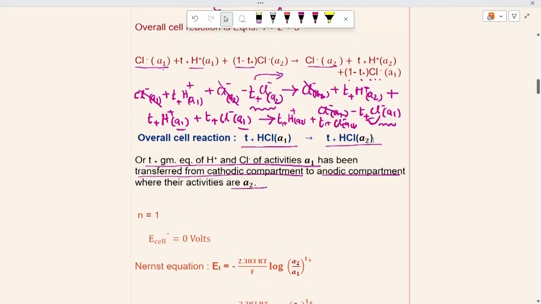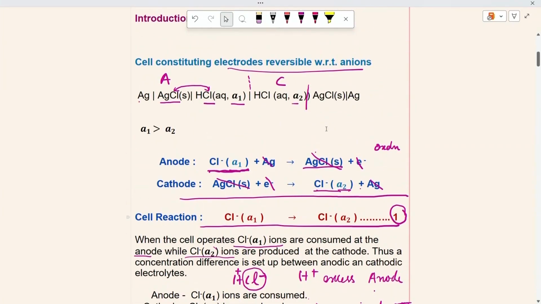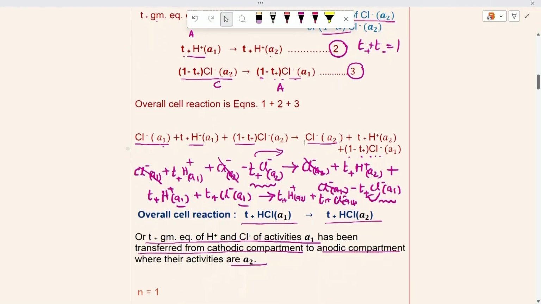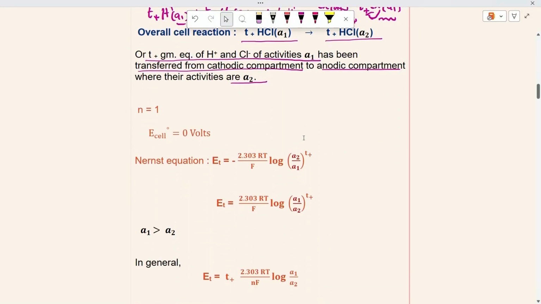Okay. Now, again, in the cell reaction, since it is involving only one electron, the value of n is 1. So, I will put n equal to 1, and E° of cell for all concentration cells is equal to 0 volts.